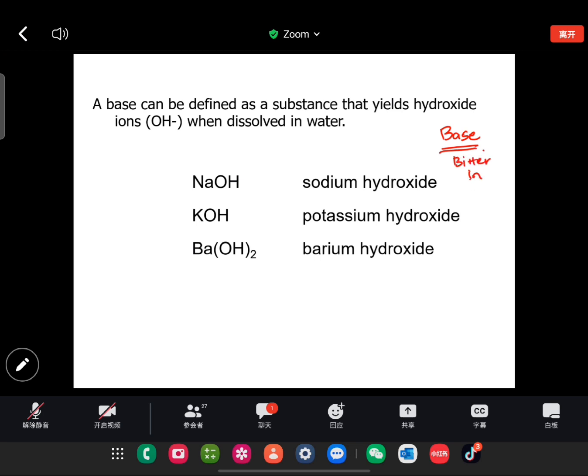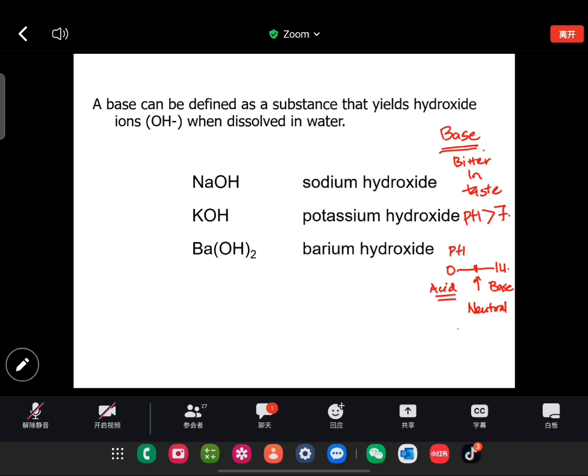Most of the soaps and detergents are bases whose pH is greater than 7. Most of these detergents and drain cleaners have pH close to 12, 13. The pH scale goes from 0 to 14. This side we have the bases, the other side we have the acids, and in between we have neutral compounds.